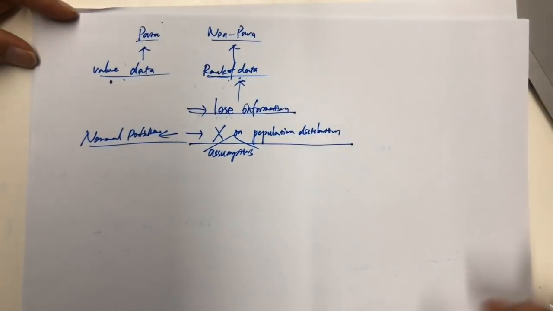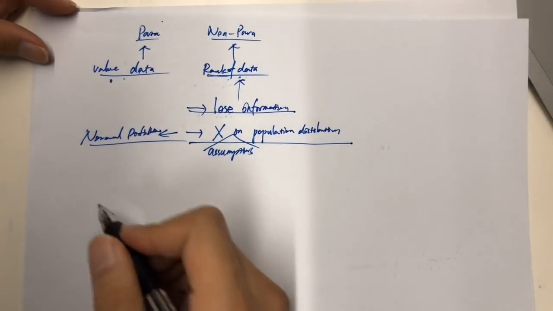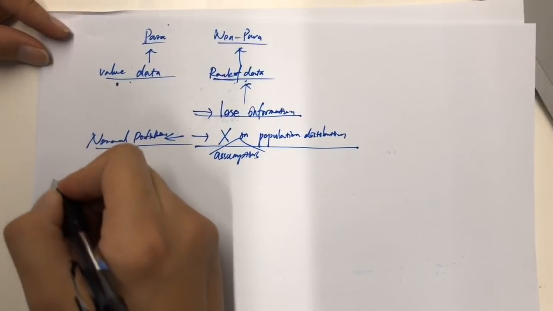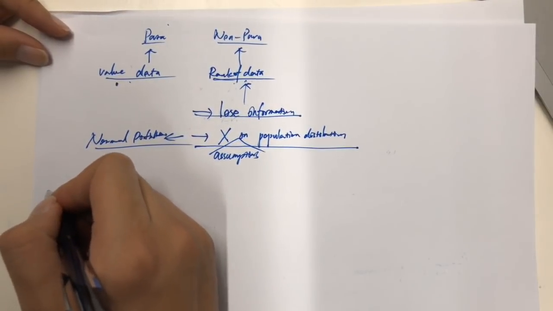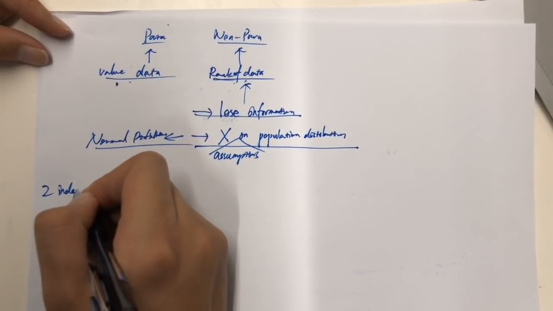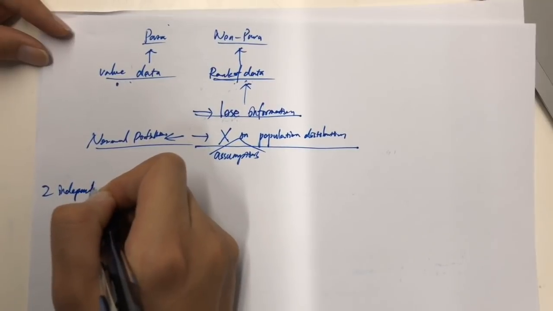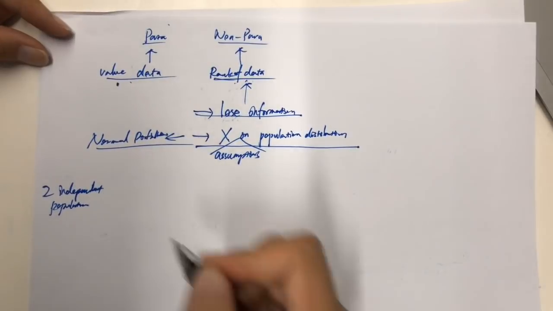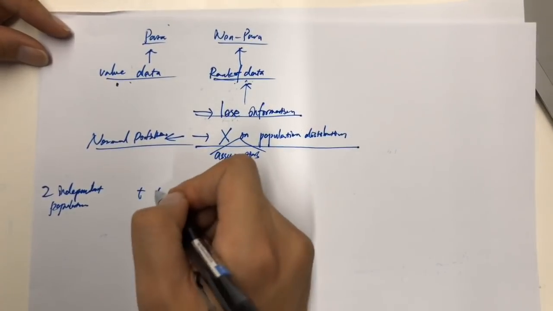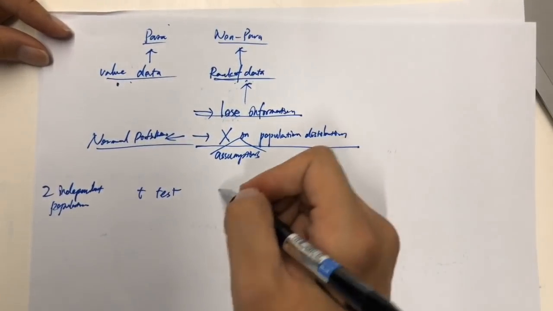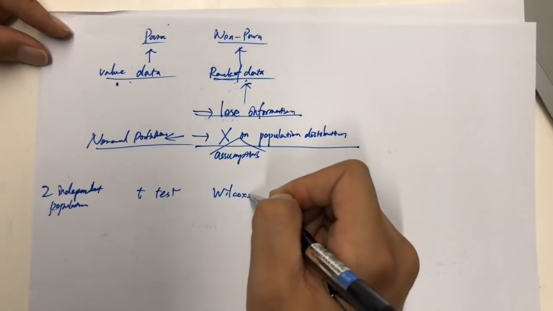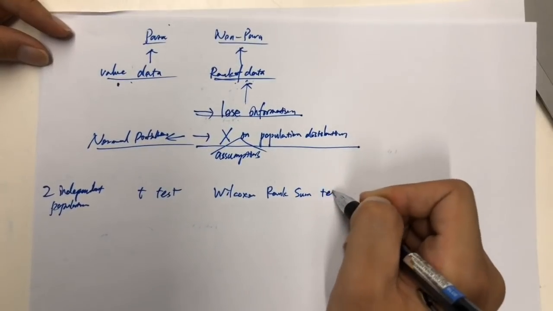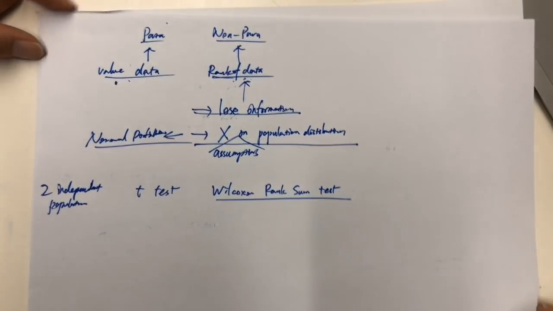Now, for different purposes, we have different kinds of tests. For example, if we want to test two independent populations, for parametric we use the t-test, and the non-parametric test is the Wilcoxon rank sum test, right? You can read your slides.